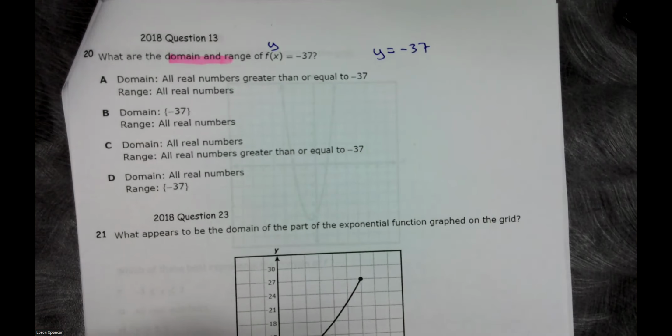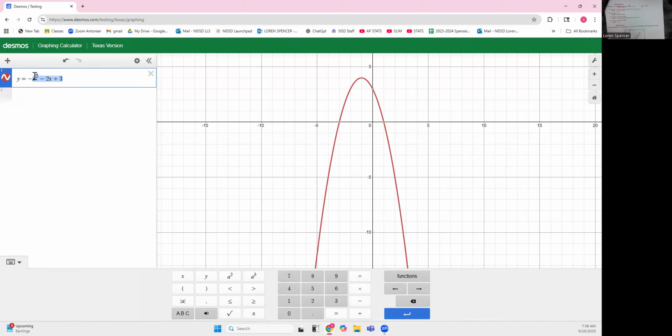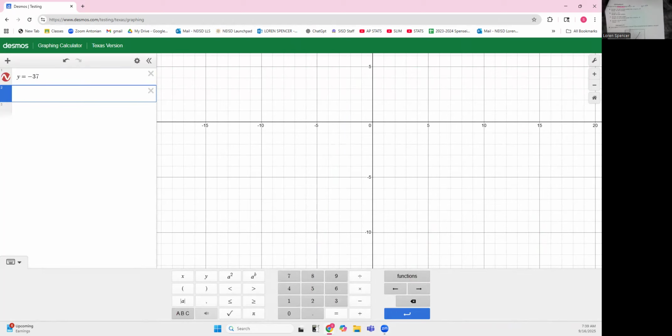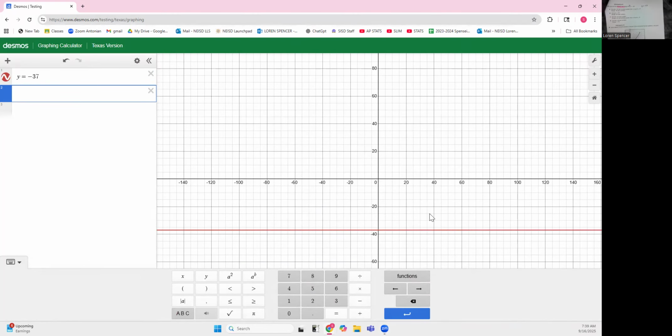And hopefully this time I'll switch over when I'm supposed to. So hopefully we're looking at Desmos, and I'm going to change this to y equals negative 37. And I did that, and I don't see my graph. So that means I need to zoom out. Oh, look, I have a horizontal line.